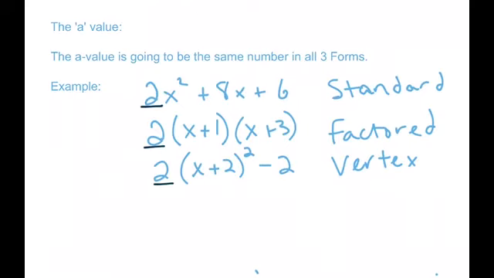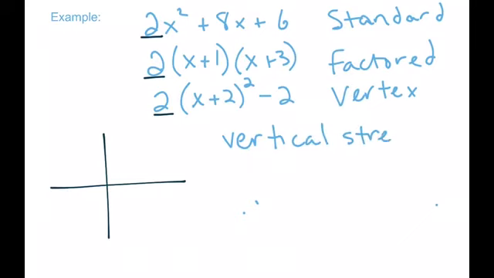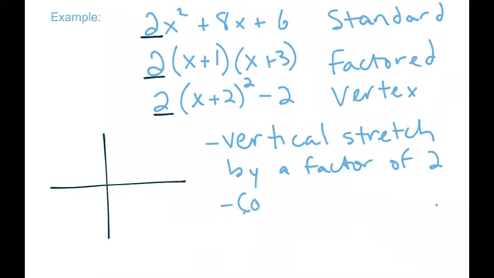Now, this a value of 2 is actually giving us the following information. If we remember from our transformations, we have a vertical stretch by a factor of 2, which means it's going to get skinnier. It is concave up because it's positive.